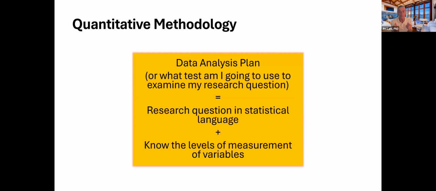So some way of discussing those constructs that you're measuring. Okay. And then the levels of measurement, and we'll spend a moment there. Basically, you have three of them: nominal, ordinal, scale. You have to know what those are. Different tests require those. Okay. So you have to get that down.